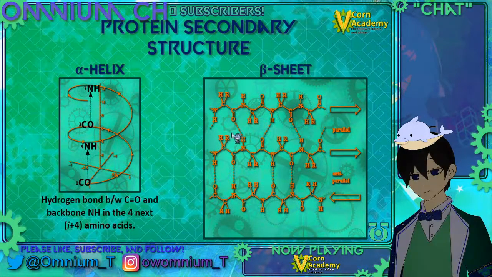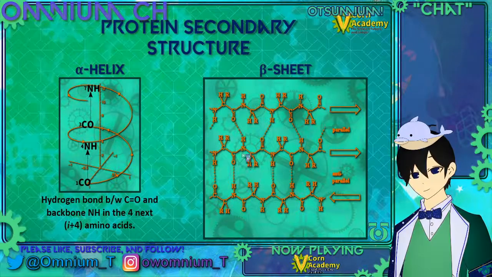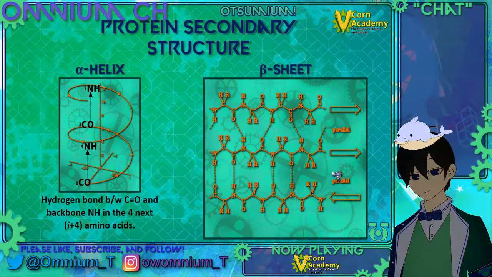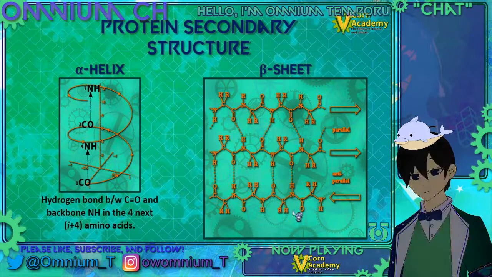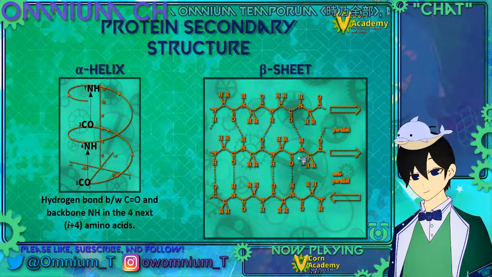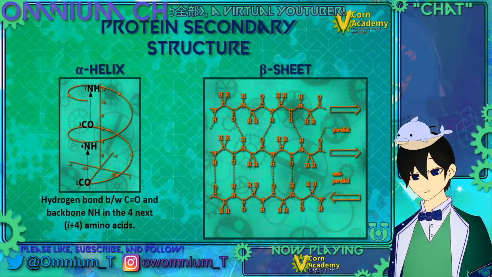Then you have parallel and anti-parallel strands. So these guys point C to N like that, then C to N like that. Anti-parallel is more stable than parallel, mainly because these guys have 180 degrees of hydrogen bonds. So yeah, I forgot to mention, but these guys are formed through hydrogen bonding.